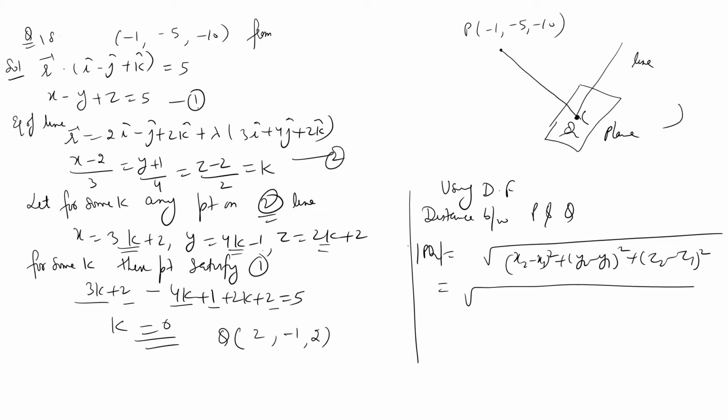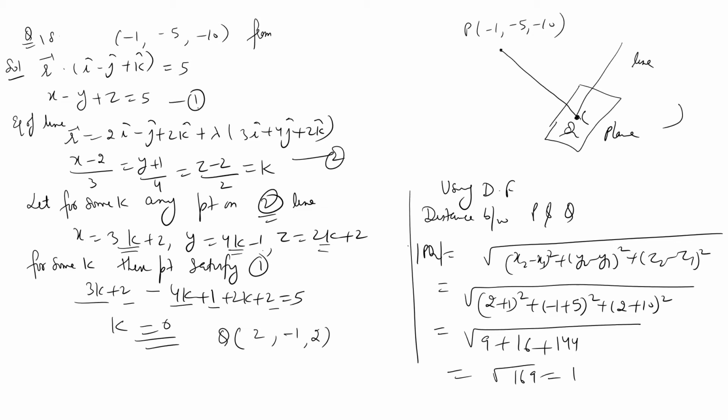That is (2 + 1)² + (−1 + 5)² + (2 + 10)². So this is 9 plus 16 plus 144, which is root 169, and the answer is 13 units.